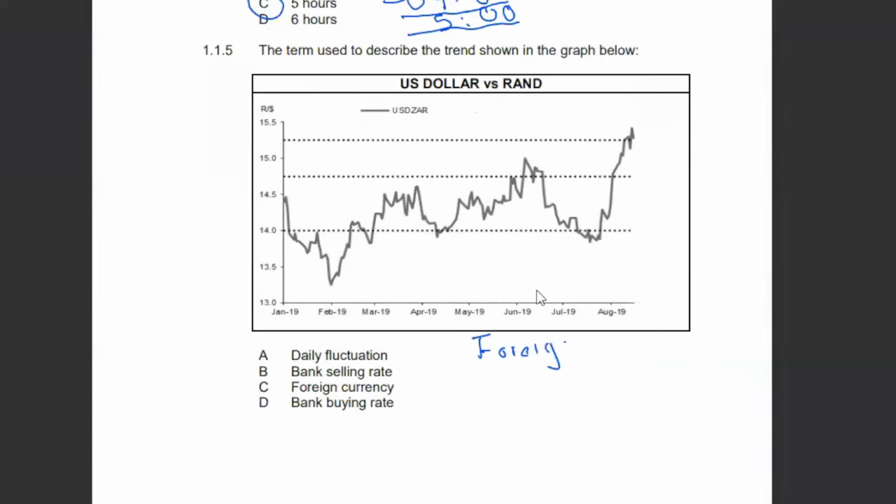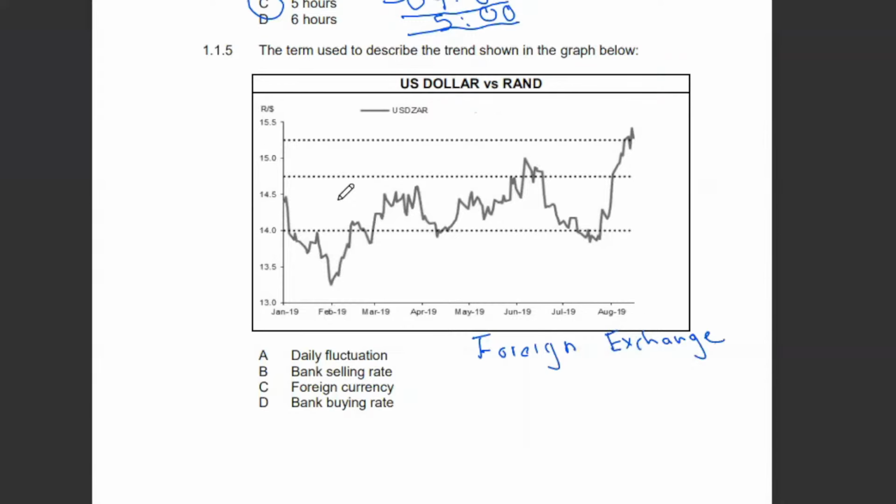Foreign exchange refers to the business of transacting from one currency to another. So here on one axis, we have the rand versus the US dollar. Then on the other axis, we have various dates which have been provided. The dates start from 19 January up until 19 August.